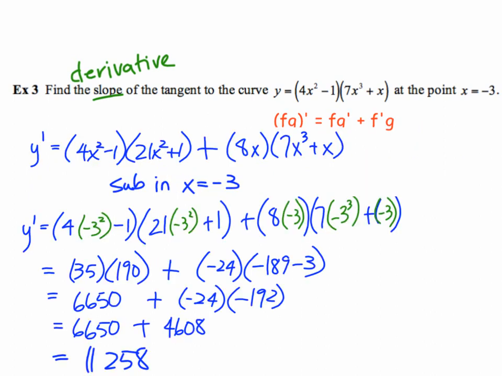So as I sub in x equals -3 for x, you can notice there that I've substituted with green. Multiplying the numbers. So the slope of the tangent line is 11,258.